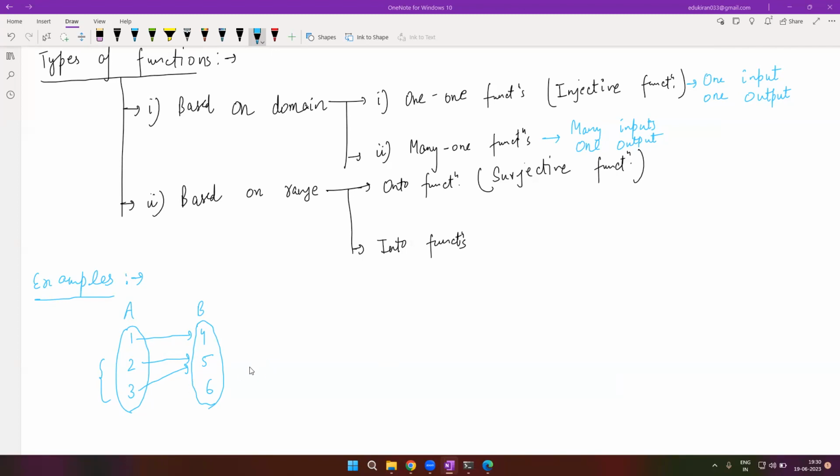So all the functions in which there are two or more inputs which provide the same output will be called many-one functions, and you have to check through these examples whether the given function is one-one or many-one. So let's start with these two. Is this a one-one or many-one function? Is this a function first? If yes, then just tell me the type.